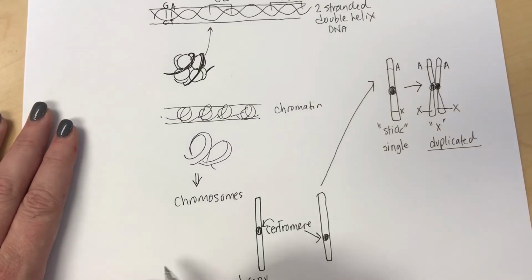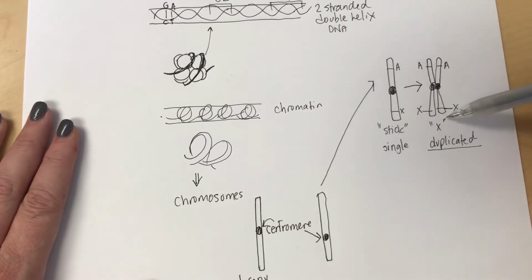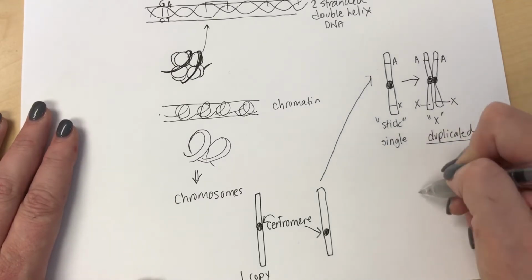And so when we copy them during S phase of the cell cycle, that's what we want, because these two new copies are going to go into the cell that's dividing. So one cell will get one stick, and the other cell will get the other stick. So when we divide it, right? And so let's sort of look at what that would look like.